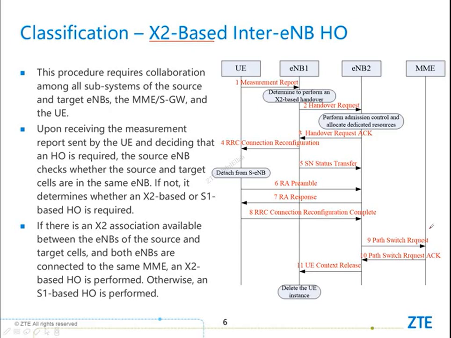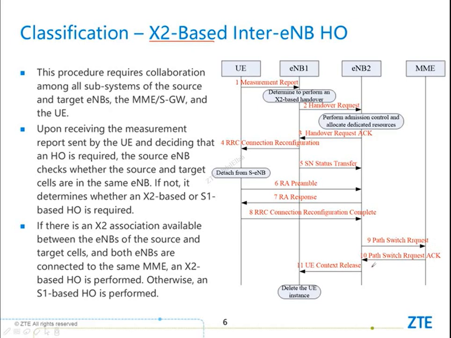Okay, actually when the MME receives the path switch request, the MME will also send the path switch request to other entities in the core network, for example SGW, PGW. Okay, after that, the MME will feed back the path switch request acknowledge. That means the core network has also updated the new information.